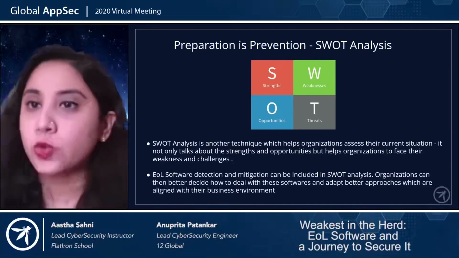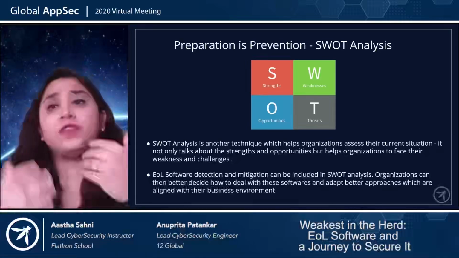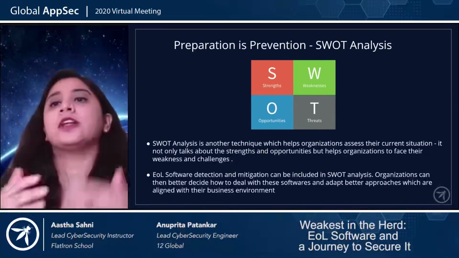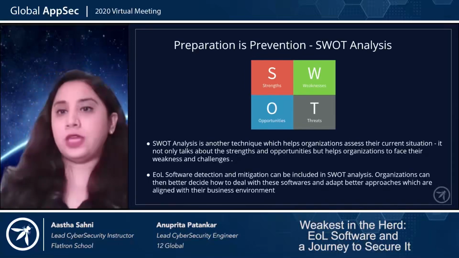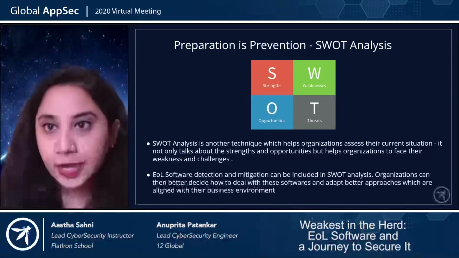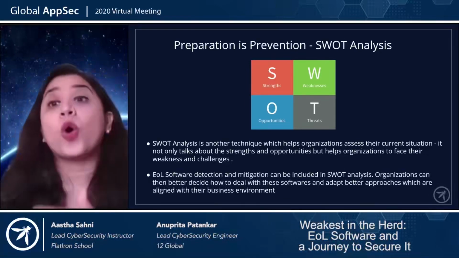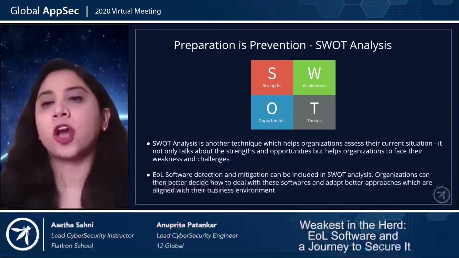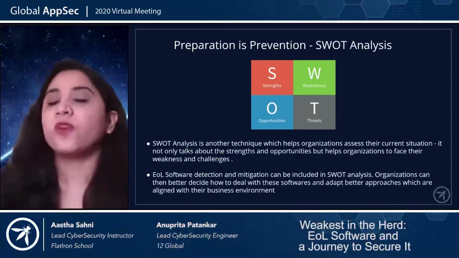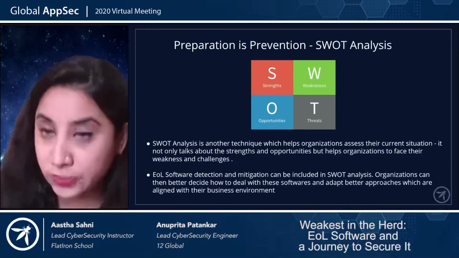Now, what additional help SWOT analysis and PDCA can give us is, for example, when we reach a situation where we have detected some end-of-life software and we are thinking what to do with them, either to upgrade them, or invest some money and get some new software in place. What is the best strategy for our organization will all depend on our business environment. Whatever the business requirement is, according to that, we'll take the necessary decision.